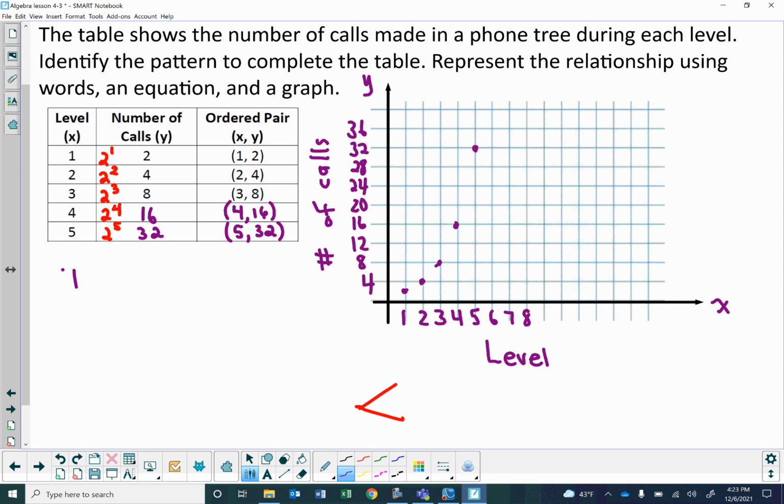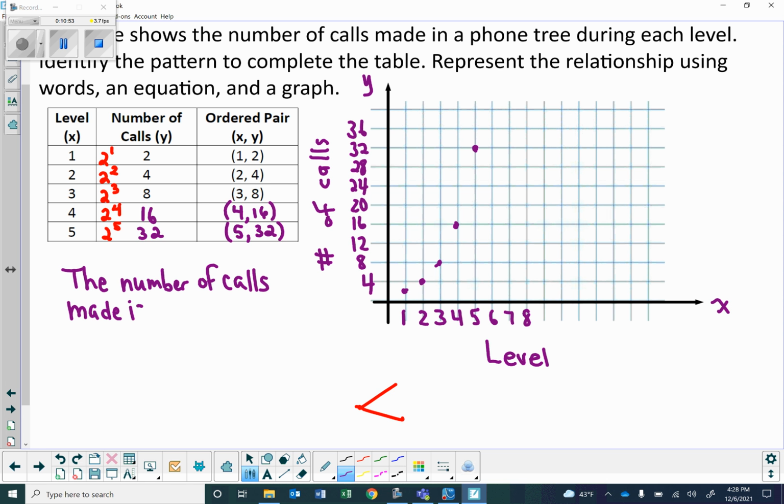Okay, so the number of calls made is equal to 2 raised to the power of the same power as the level.